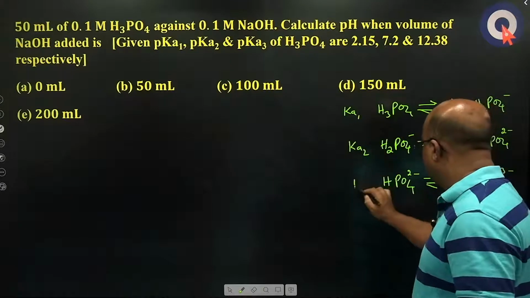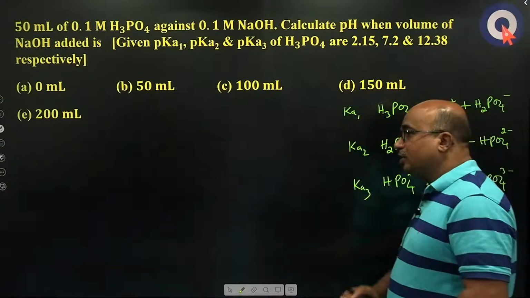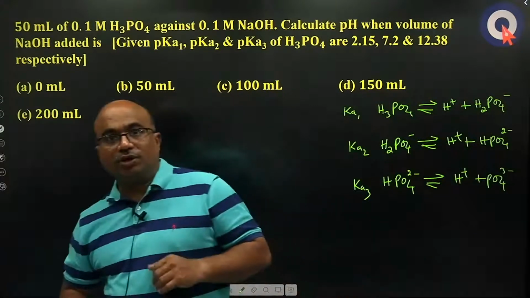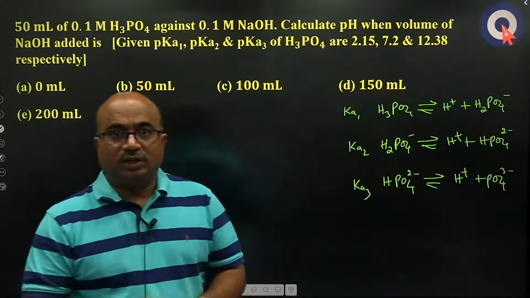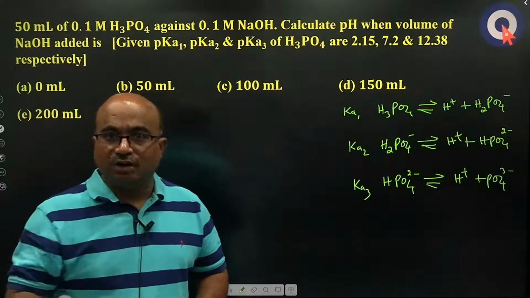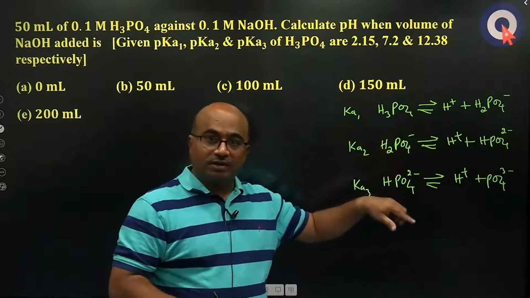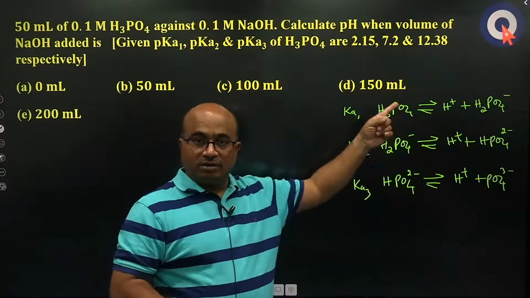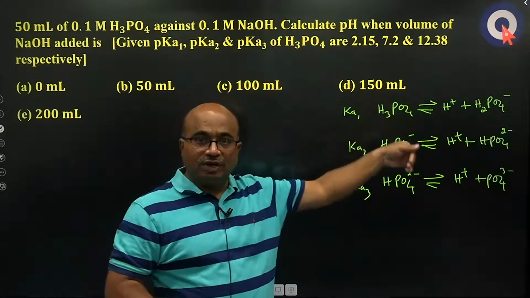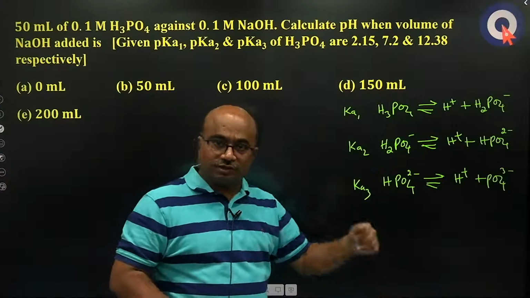But in polyprotic acids, which have the ability to give more than one H plus, their further dissociations are always affected by what we call the common ion effect. Since H plus is already coming, the H plus always influences the degree of dissociation of the others.